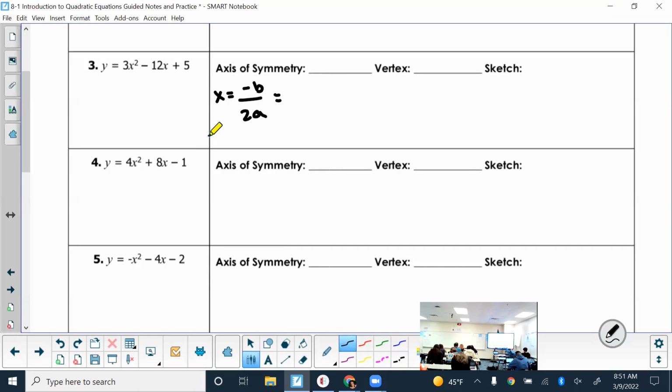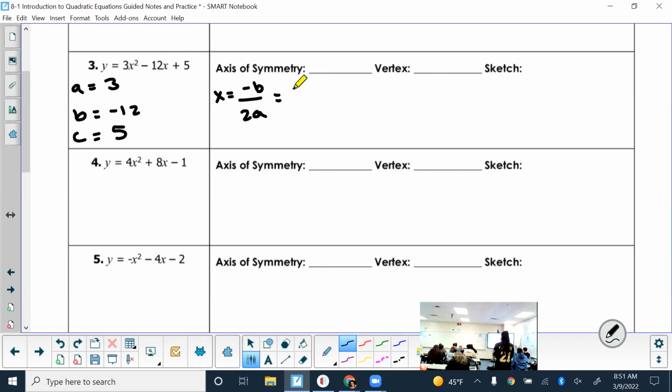For that, you need to be able to identify A and B. And we might as well just identify C, even though we're not using it in this lesson. So what's A in this equation? What's B in this equation? Good, don't forget that sign. If you just put 12, fix it. So -12, and then C is 5.